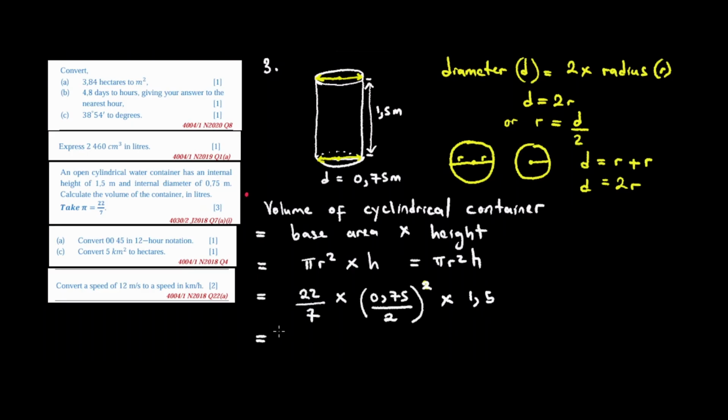Saka this is obviously paper 2. Saka tikatora our calculator, ndongonyora sezvazviri: 22/7 times bracket 0.75/2 like this, ndobva ndati squared ndoti times 1.5.